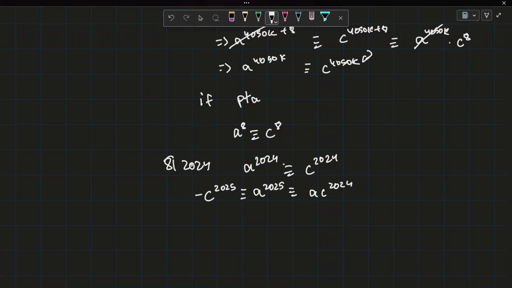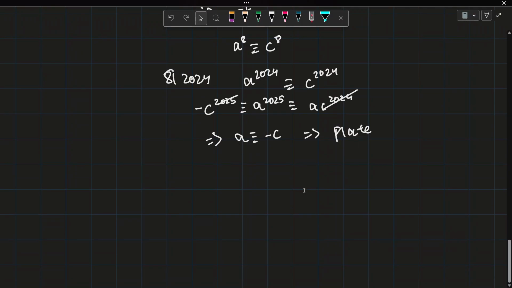And now again, using the fact that P does not divide C, we can cancel C from both sides. So we are left with, using the first and third equality, A is congruent to minus C, which implies that P divides A plus C. Okay, this is what we are getting.